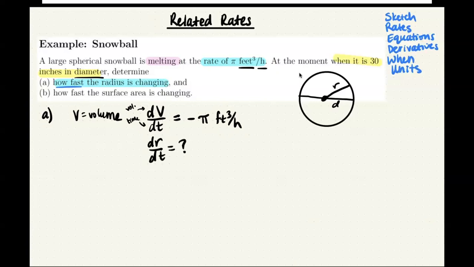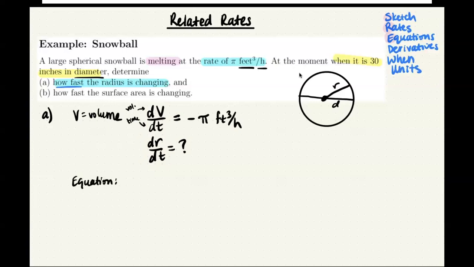So we've done the sketch part of our acronym. We've written down the rates that we're interested in. Now we need the equations. We're going to take a look at the rates we have here and just the variables that are involved. I have a volume and I have a radius. So I'm going to write down an equation that involves the volume and the radius.